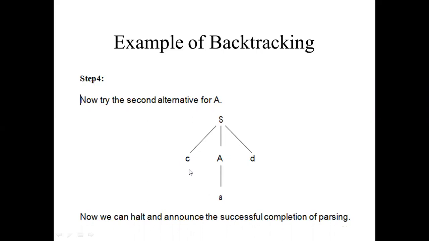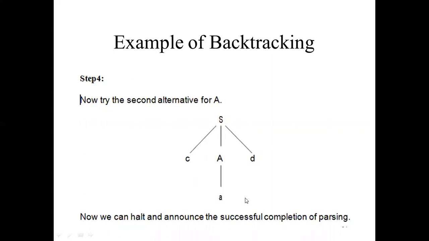Now we are able to get the proper output as given in the input string, CAD. Now we can choose the option C. The parser will set here for C, then for A, then for D. Now we can halt and announce the successful completion of parsing.